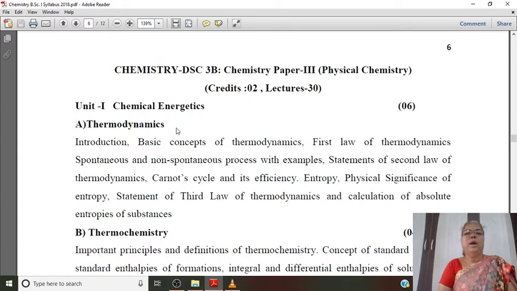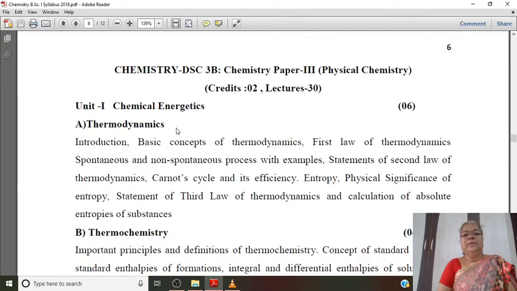All of you are familiar with the first law and second law of thermodynamics. In part A you have to learn the basic concepts of thermodynamics, the first law, spontaneous and non-spontaneous processes with examples. Then the different statements of the second law and its physical significance, the Carnot cycle and its efficiency.